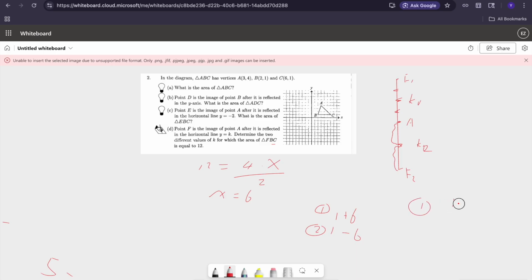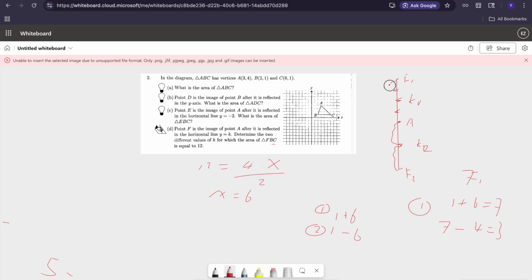We get 7. So we want our y coordinate to equal 7. And this is our F1. F1 equals 7. And right now we're trying to find K1. So we do 7 minus the value of A, which is 4, equals 3.